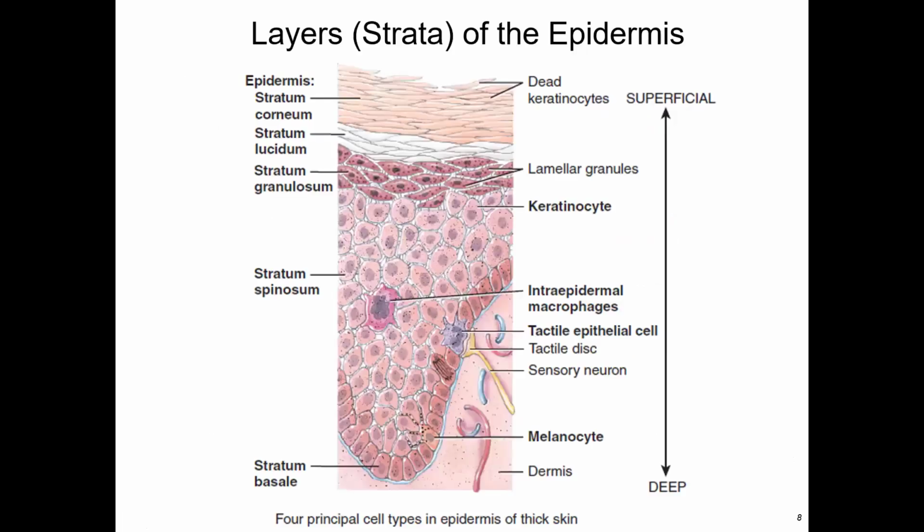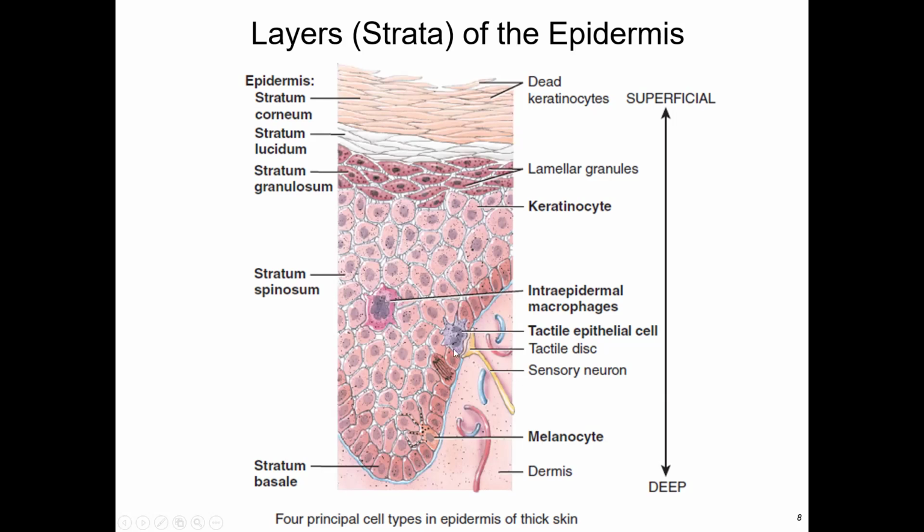So let's take a look at this illustration. In the lab, we saw this very nicely illustrated in one of the microscope slides. So we have seen elements of the dermis on the slide. This is a great illustration that the dermis, being a connective tissue, is rich in blood vessels.